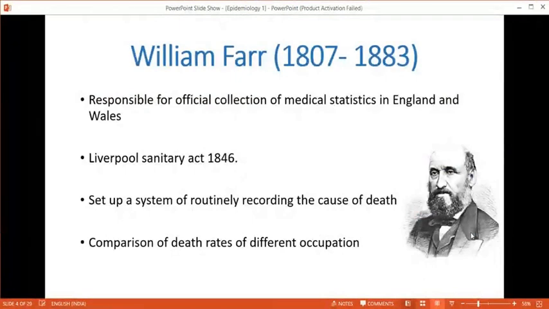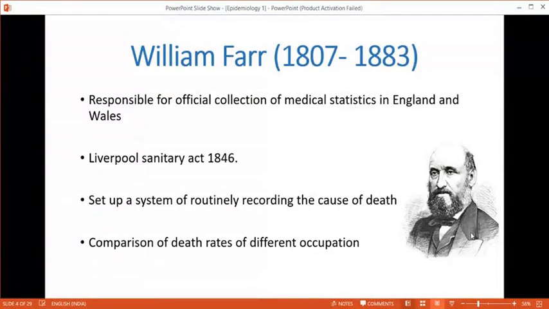At the same time, in England, there was another person, William Farr. He was also doing a study on this cholera. And he also found out it is the water contamination which is the cause of the cholera deaths. He was a medical statistician who went around collecting data, and the data he collected was from mortality.